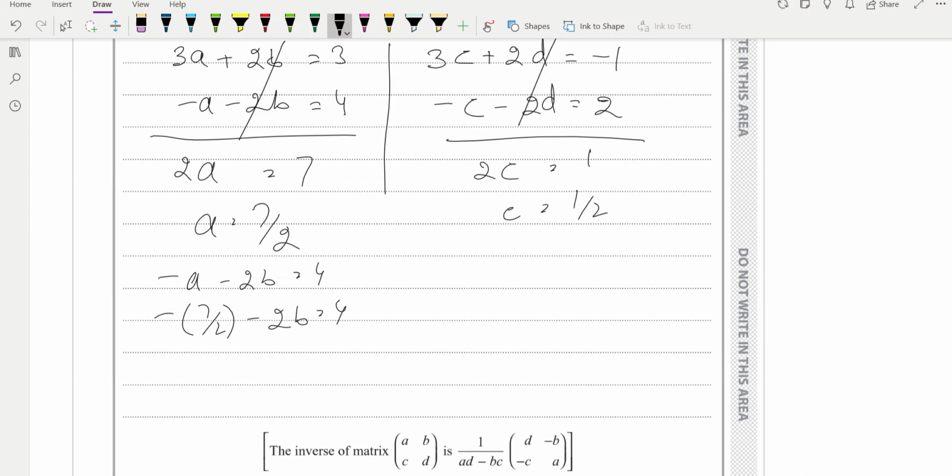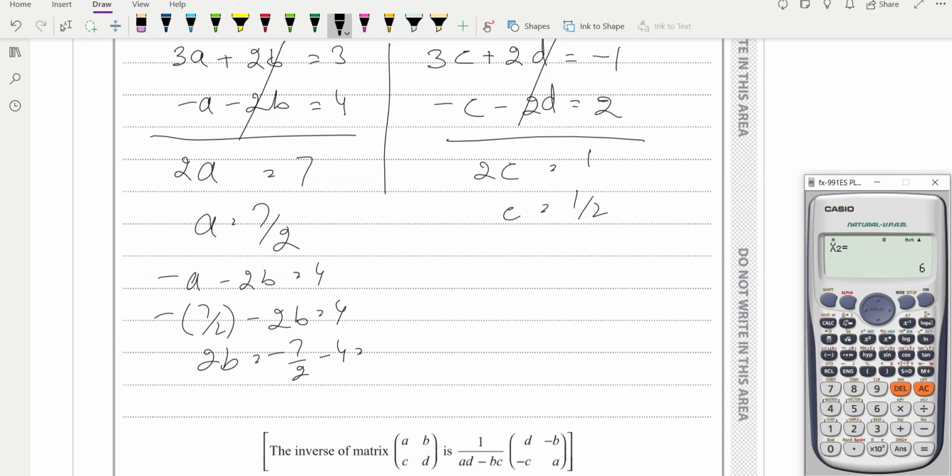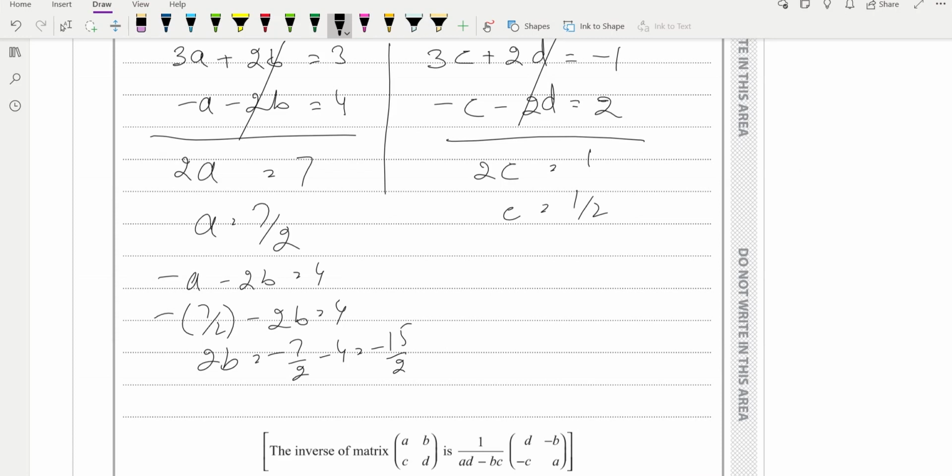This implies 2b is equal to minus 7 by 2 minus 4, which will be equal to minus 15 by 2, so the b value will be equal to minus 15 by 4. So this is our b value, this is our a value.